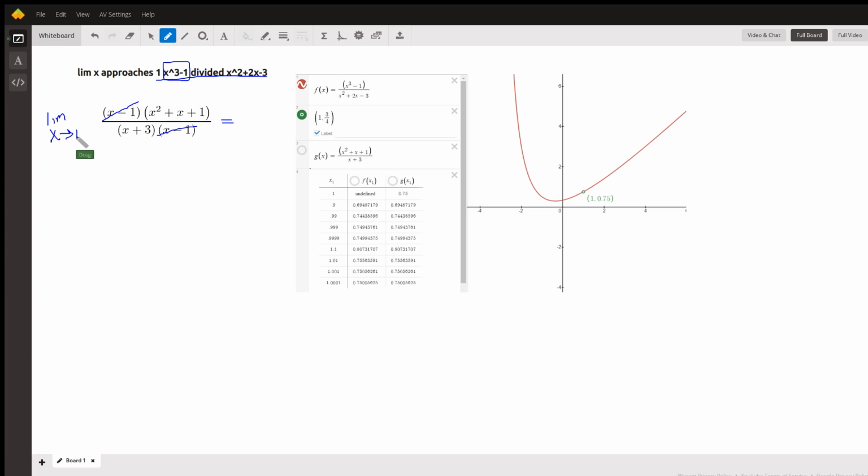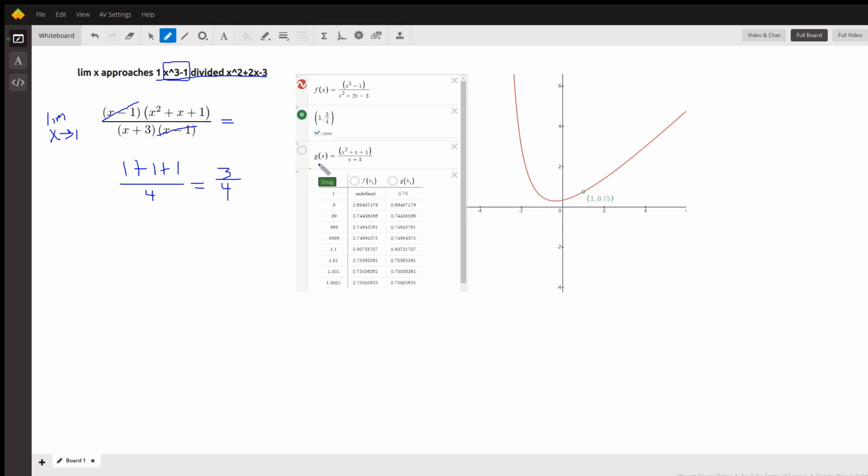And so I can try direct substitution and see what happens. In the numerator, I get 1 plus 1 plus 1. And in the denominator, I get a 4. So as x gets close to 1, the original function approaches 3/4.